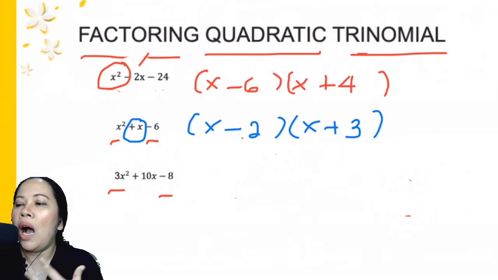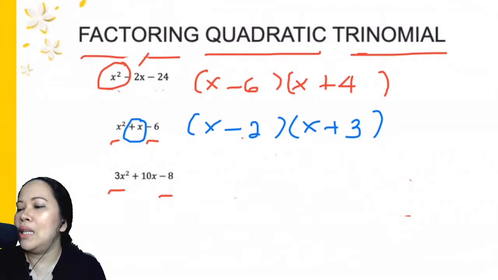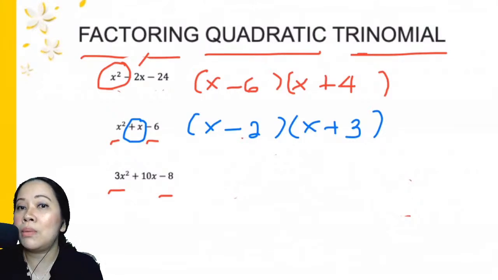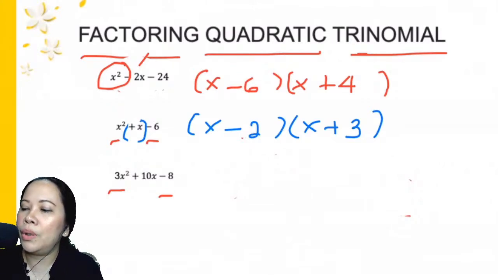Now you might ask, Teacher Maria, how would I make it easy for me to know what would be the signs of my factors? What is a clue or a hint that will make it easier for me to solve? Okay, so here it is. It's simple.